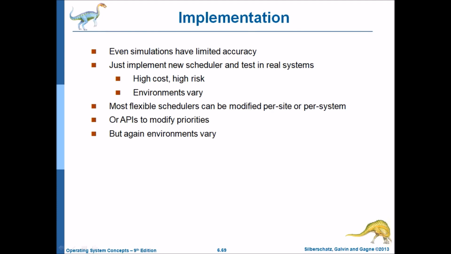The expense is incurred not only in coding the algorithm and modifying the operating system to support it, but also in the reaction of the users to a constantly changing operating system, where most users are not interested in building a better operating system. They merely want to get their processes executed and use their results. So a constantly changing operating system does not help the users get their work done.